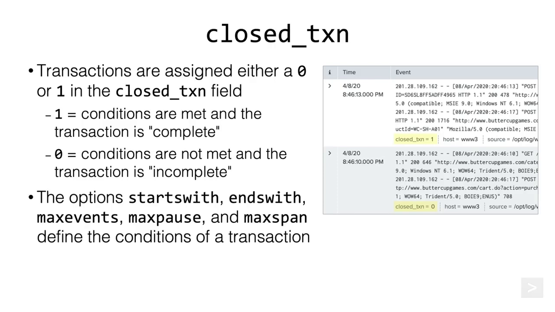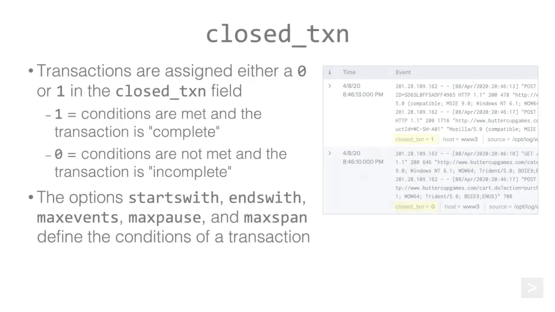The transaction command auto-populates a field in the sidebar called closed_TXN or closed_transaction. And this closed transaction field has a value of 1 or 0, depending on whether the transaction events are considered complete or incomplete.